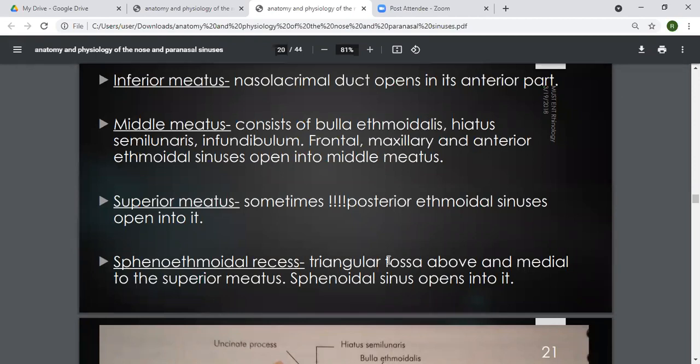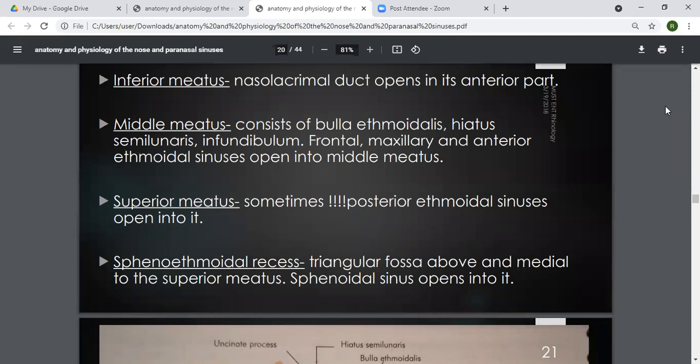For the superior meatus, it doesn't always have any sinuses opening into it, but at times the posterior ethmoidal sinuses open into it. And then posterior to the superior meatus, we have what is called the sphenoethmoidal recess, which is a triangular fossa that is above and medial to the superior meatus.